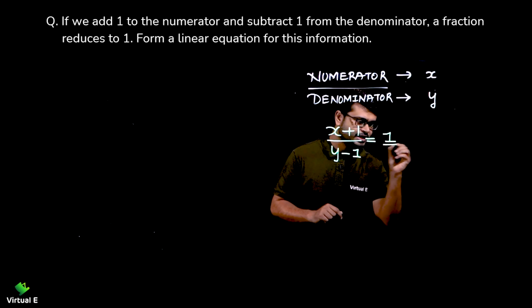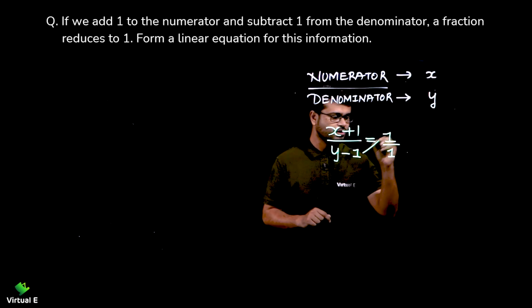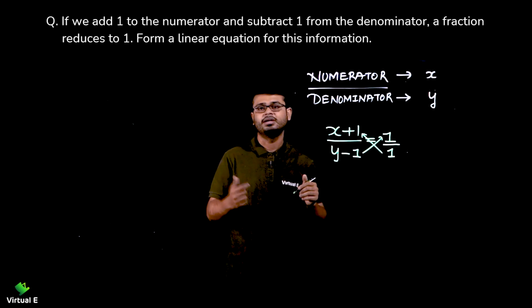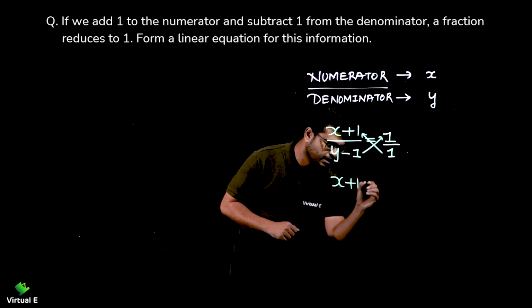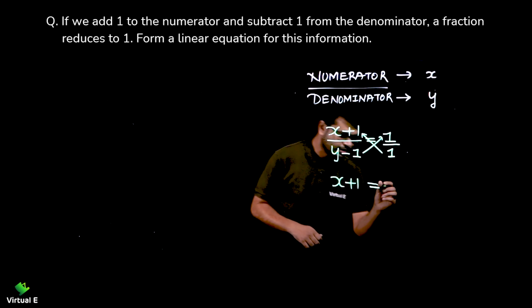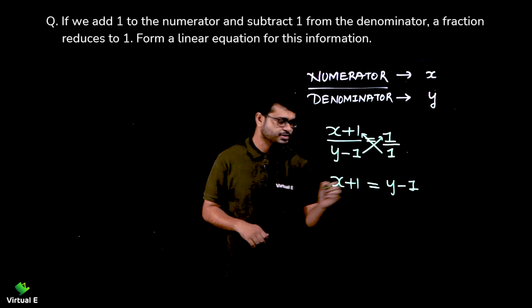So when you have this kind of situation, we learned it, take 1 by 1 and cross multiply. Anything multiplied by 1 remains the same. So it is x plus 1 is equal to, and anything multiplied by 1 remains the same, so that is y minus 1. Simple.